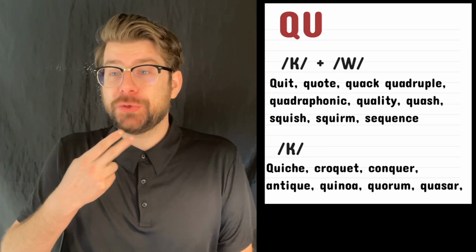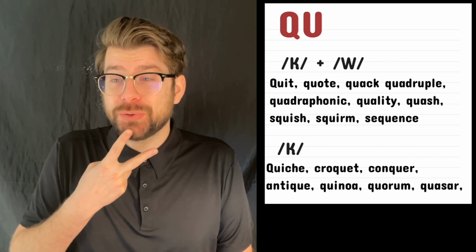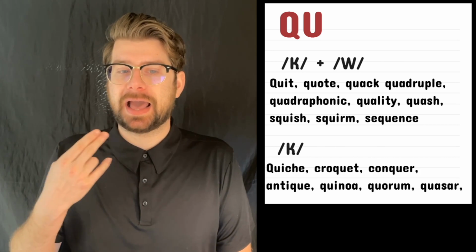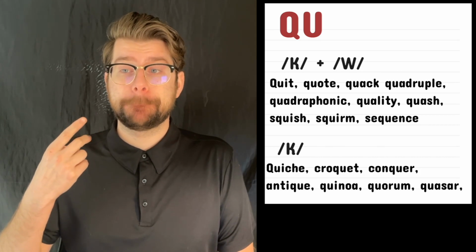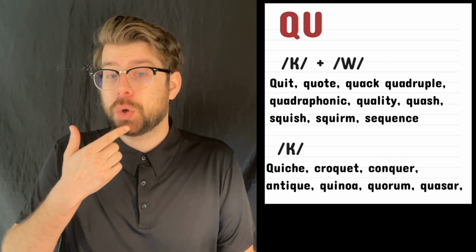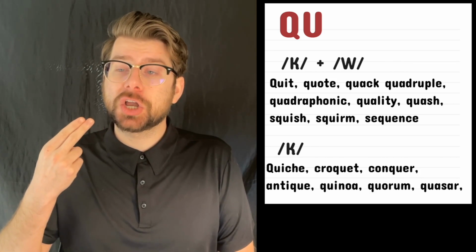So now we're gonna talk about the QU. QU in English makes two sounds. So we have k plus w. Another variation where we say just k.